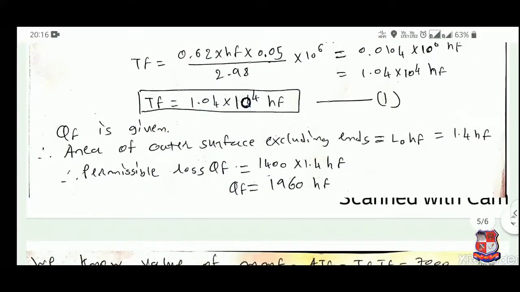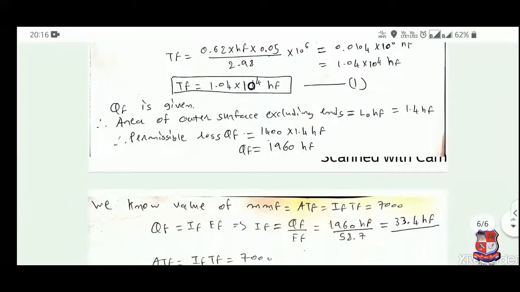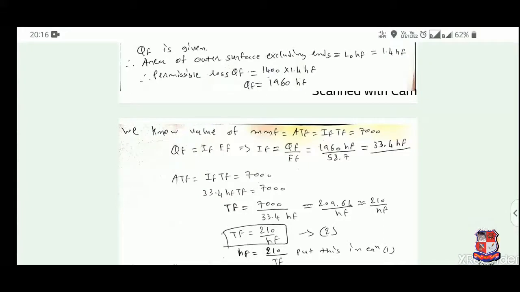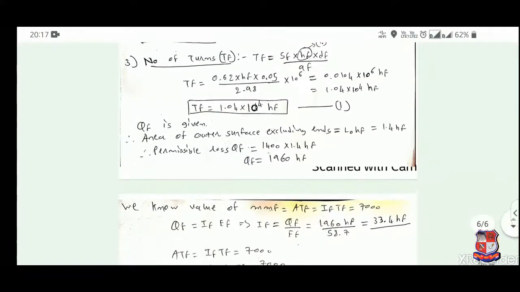Now here we have the equation number 1. See what is happening here: we are comparing the equations to get the final value of TF. Why are we doing this? In the first expression of TF, we put all these values and came to equation number 1.